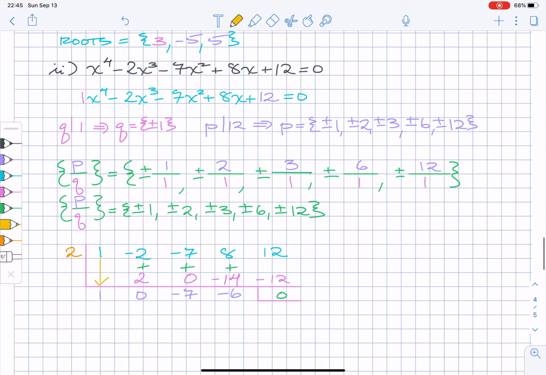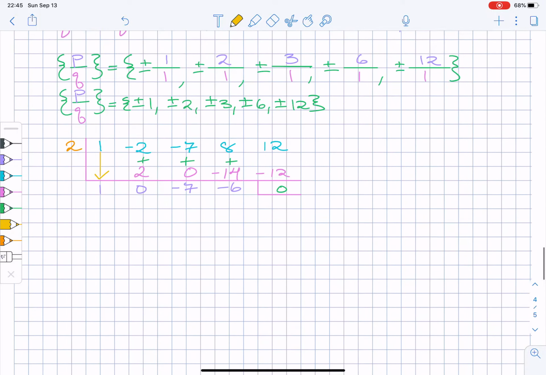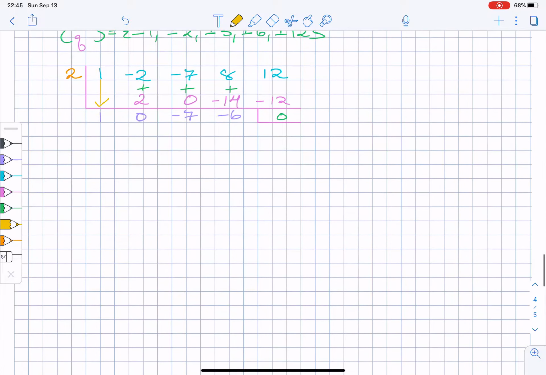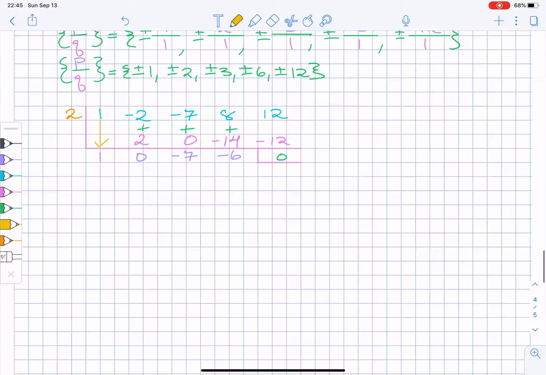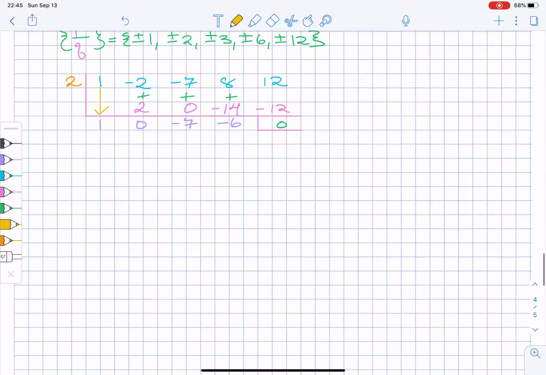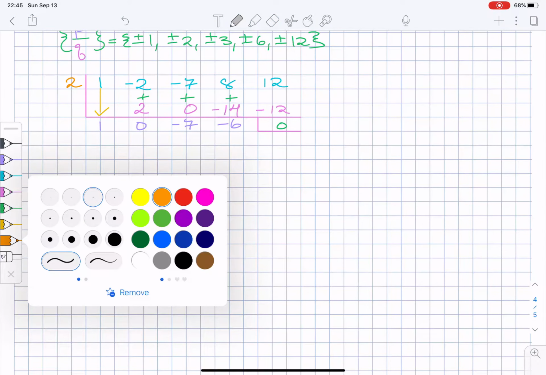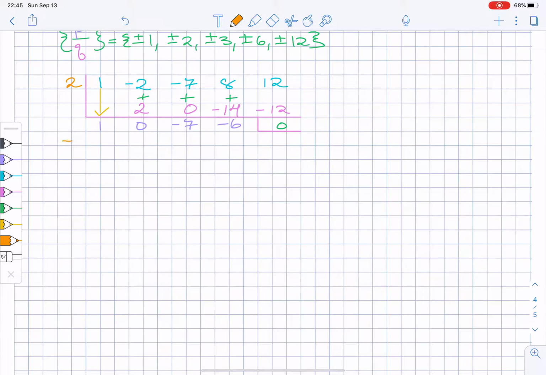However, this would be 1 cubed, so that would be negative 1 plus 7. So I believe negative 1 works. So I'm going to try negative 1 on the outside here, and I'm going to do another upside down division symbol with the remaining numbers we have here. So drop down.